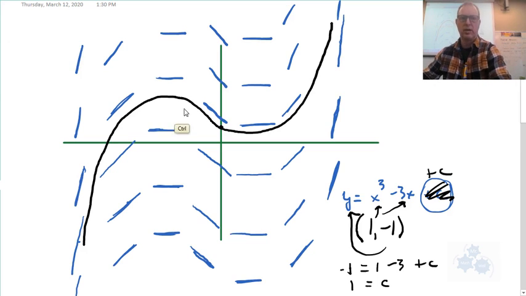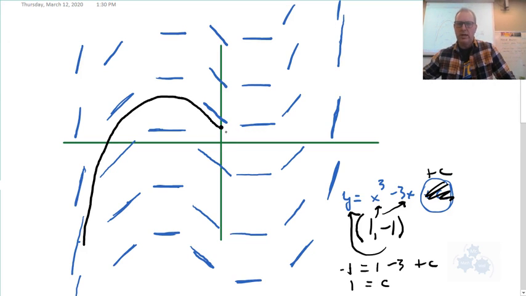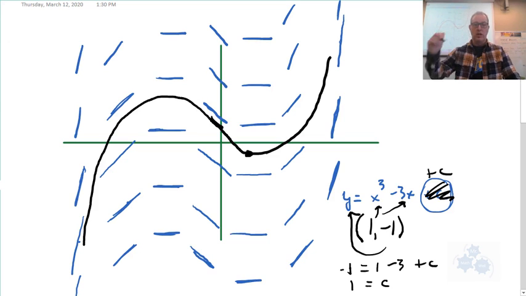I don't think I dipped down quite enough here, because (1, -1) would have to go down a little bit more. I'd have to go in more like that. So here's (1, -1) roughly, right about there. So a c, a constant of 1, and a point of (1, -1), that is the particular solution to some differential equation.